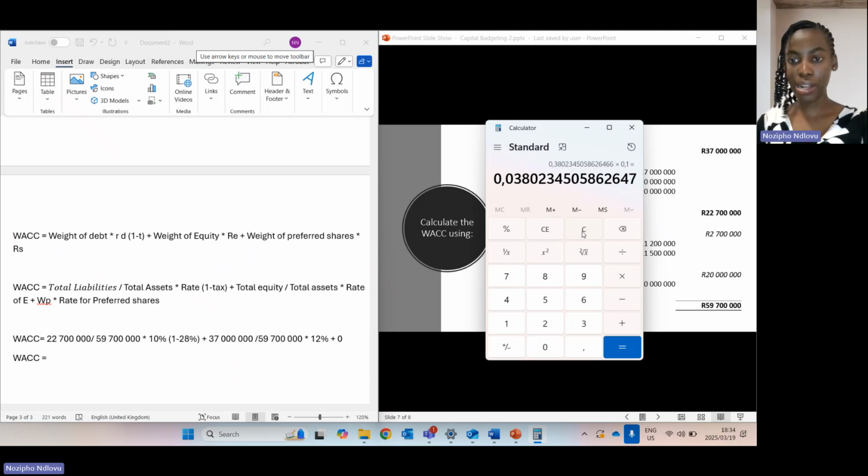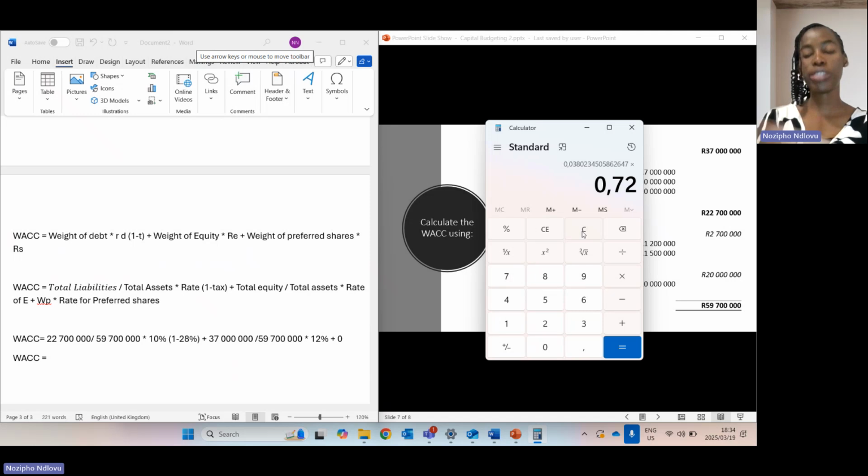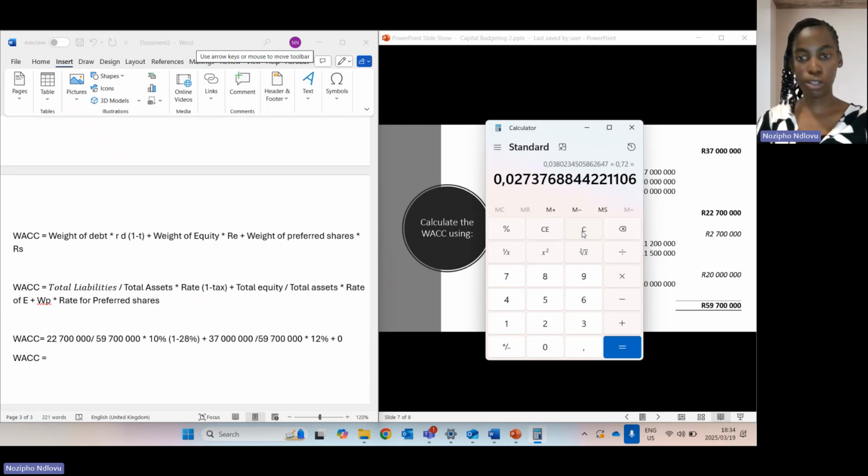And after that, I multiply that by 0.72. Why am I using 0.72? Obviously I'm not using a scientific calculator here, so it might mess up some of the calculations. So if you put it on your calculator as it is, you will get the same answer. But 1 minus 28% is 72%. So that is why I'm already multiplying it with 0.72.